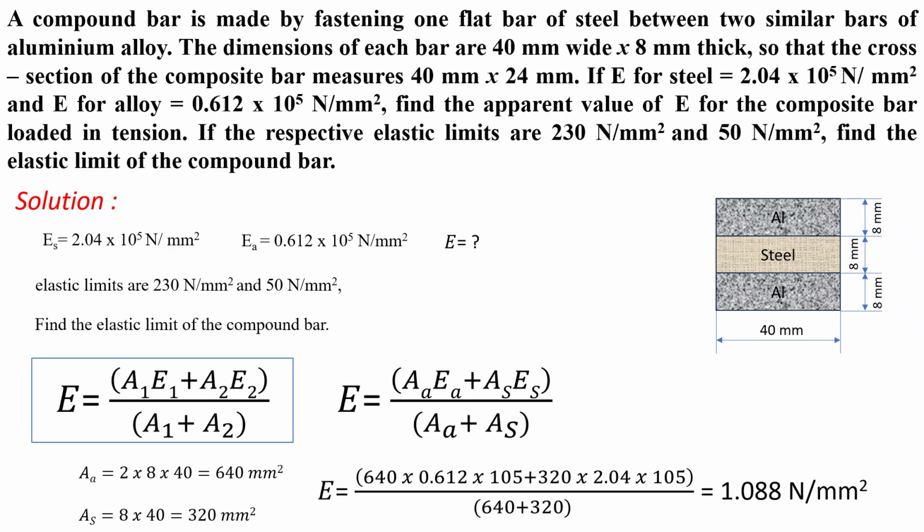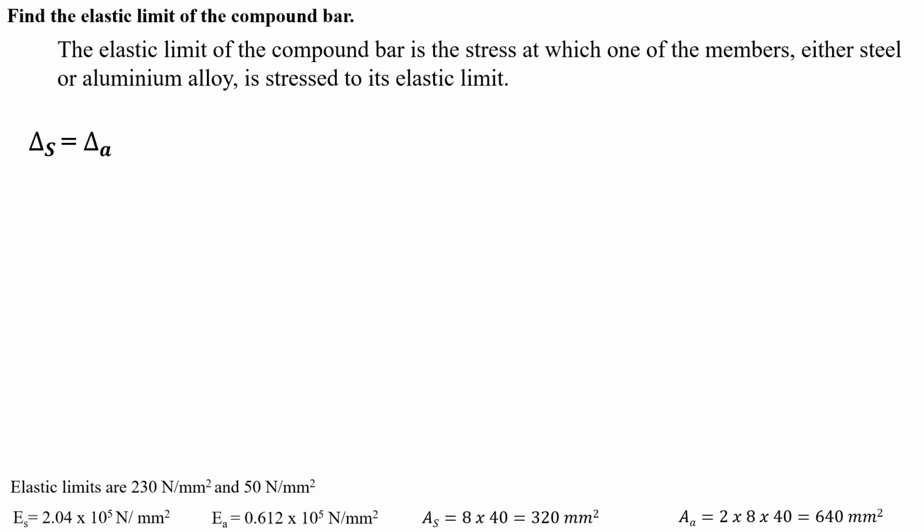So next we have to calculate the elastic limit of the compound bar. The elastic limit of the compound bar is the stress at which one of the members, either steel or aluminum alloy, is stressed to its elastic limit.